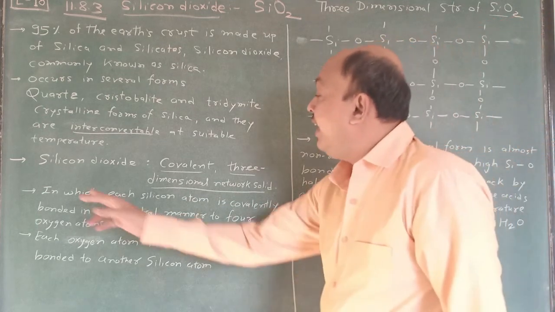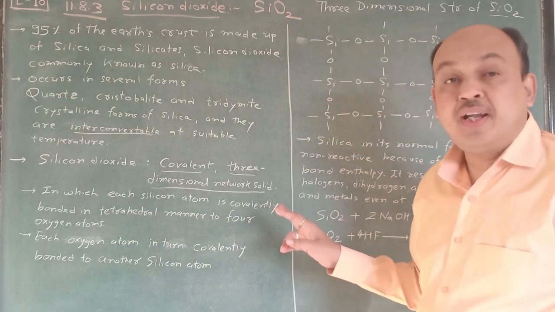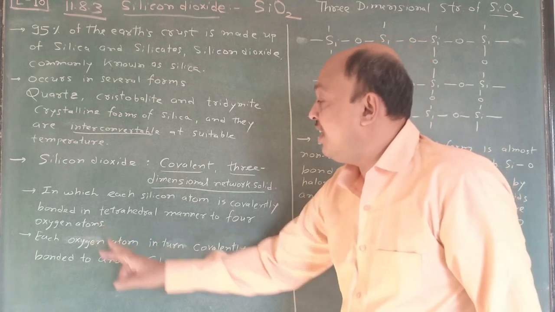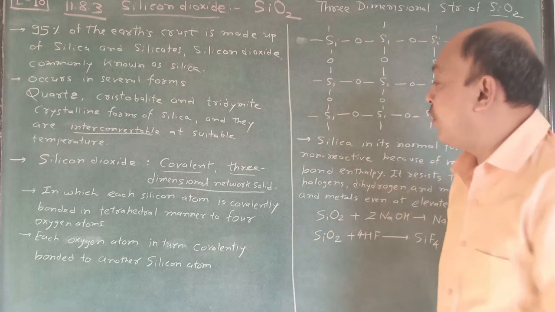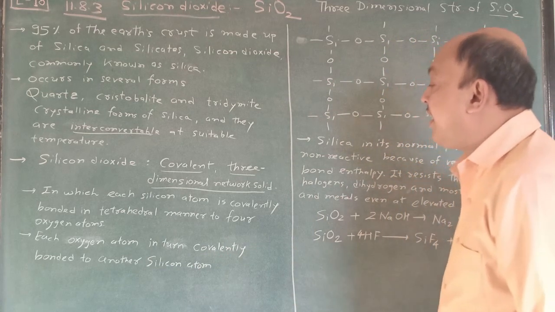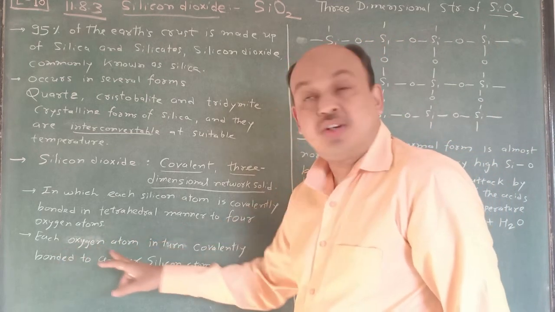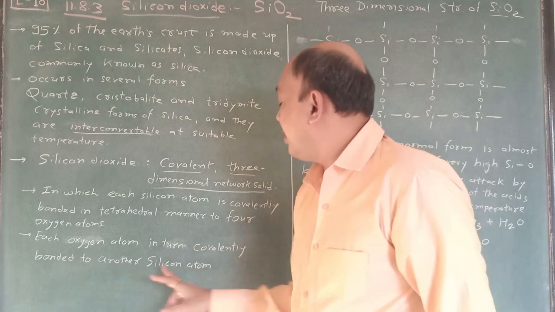Just to see, each silicon atom is covalently bonded in a tetrahedral manner to 4 oxygen atoms. Each oxygen atom in turn is covalently bonded to another silicon atom.